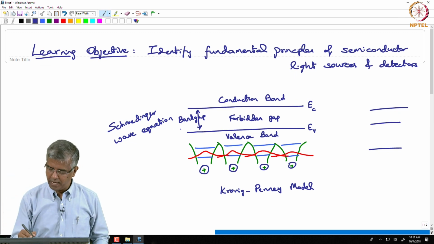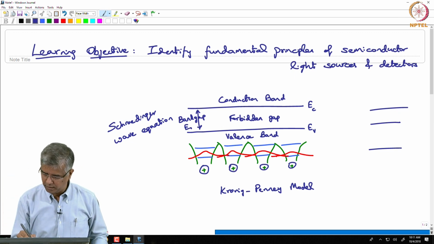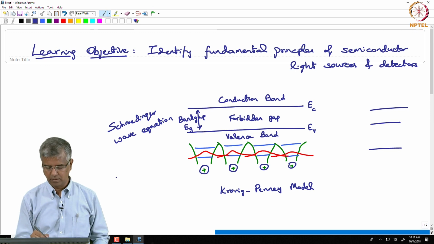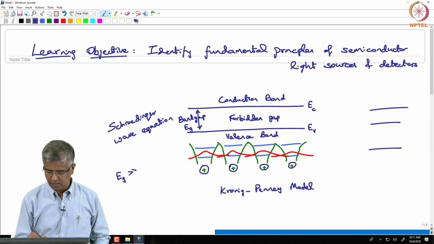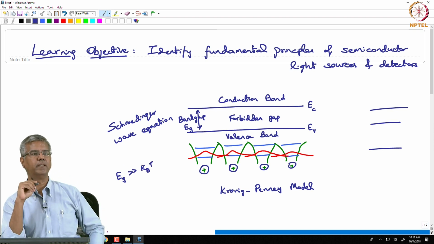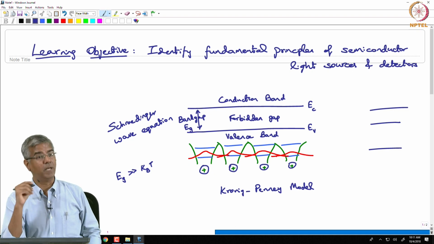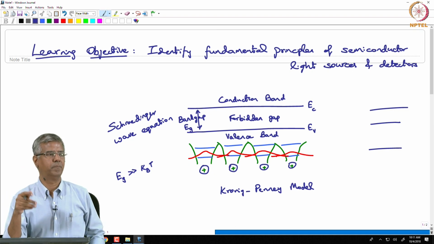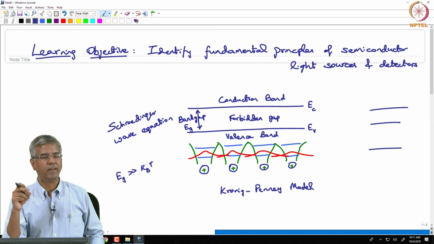Essentially, this band gap energy, which you can denote as Eg, in a semiconductor is typically much larger than kBT. What is kBT? Thermal energy, right? For a given temperature, what is the energy that we have?